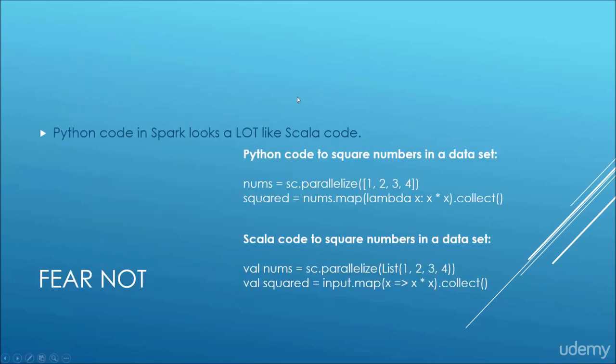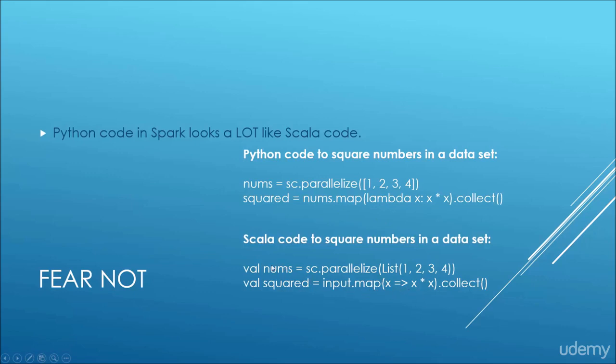Another reason that choosing Python isn't that bad of a choice for this course is that Python code in Spark looks a lot like Scala code in Spark. Even though they're very different languages from each other, within Spark, they look very much the same. They both use a lot of functional programming paradigms. We're using lambda functions in Python as opposed to the syntax in Scala for doing the same thing.